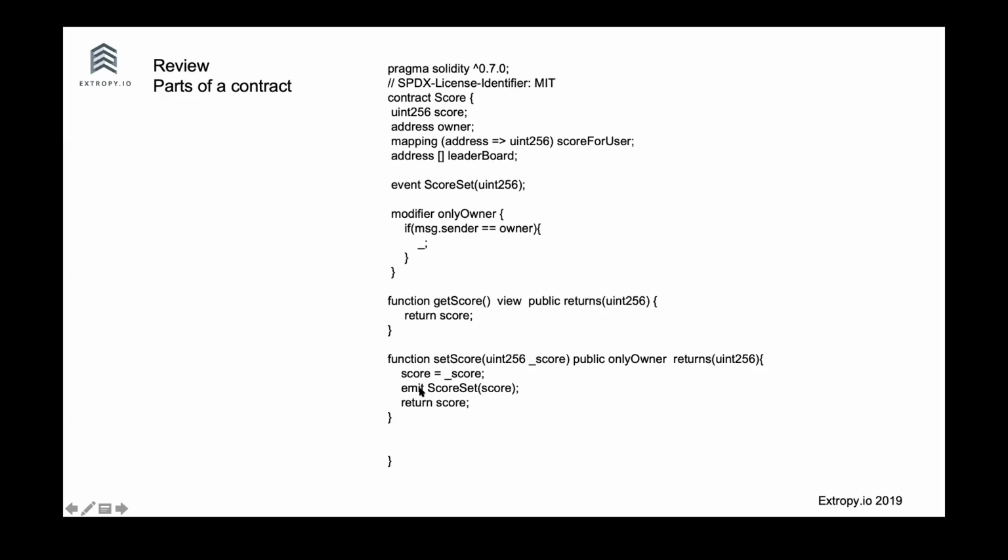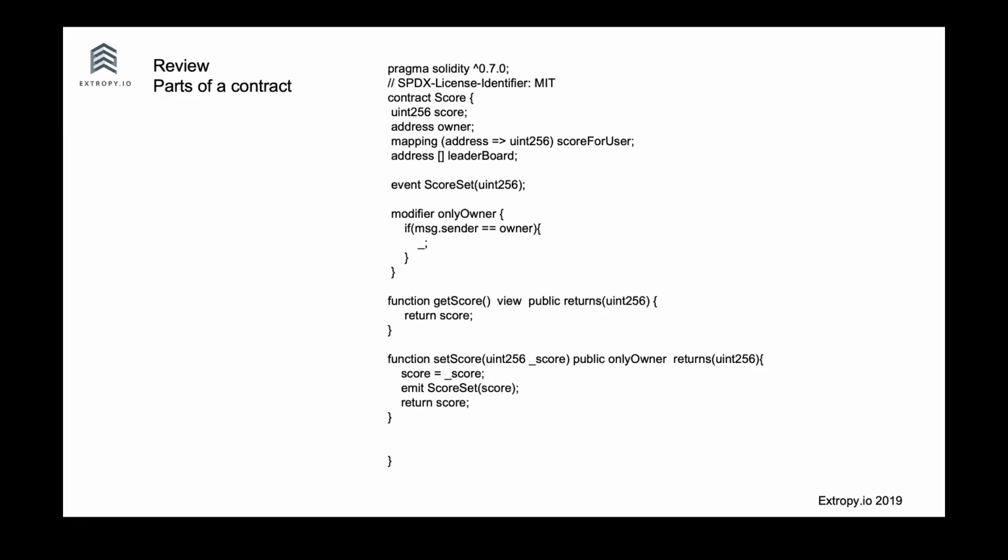So from a security point of view, there are some things you need to think about. The way this is written, with these variables, you can put some keywords in here. You could put in between the uint256 and score the public keyword.